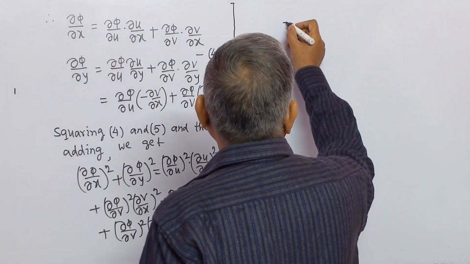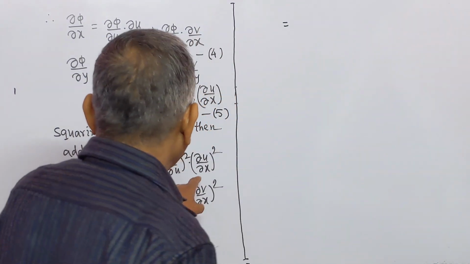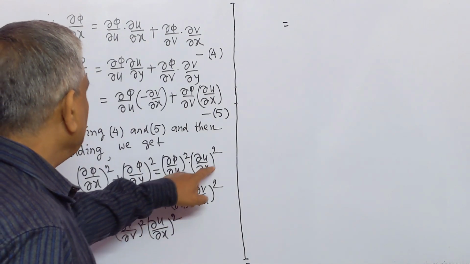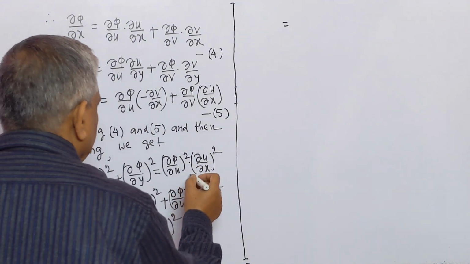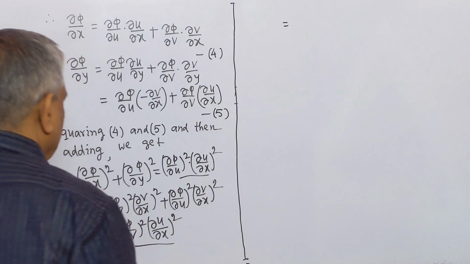And this will be equal to, here we take del u by del x whole square common from this and from this.